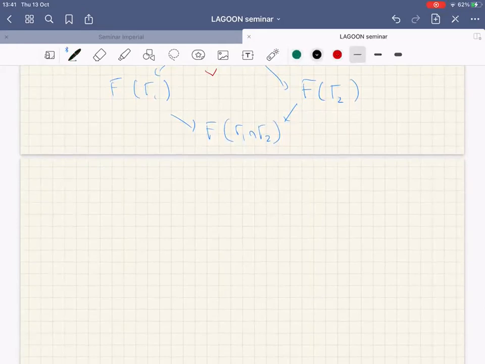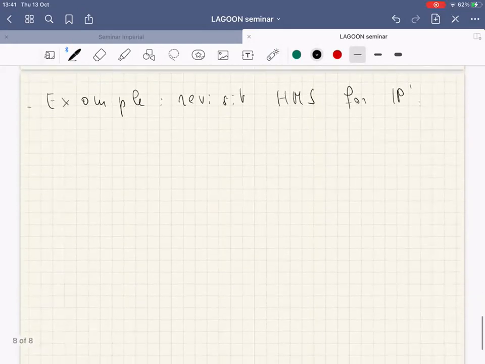And so as an example, it's very easy. Let us revisit homological mirror symmetry for P1 from the vantage point of this new local to global property of the Fukaya category. So here's the B side and here is the A side.